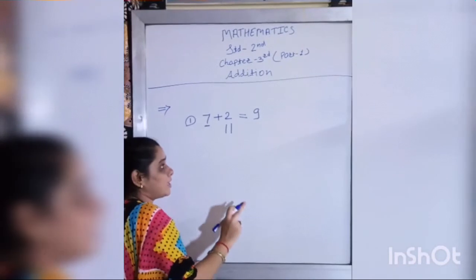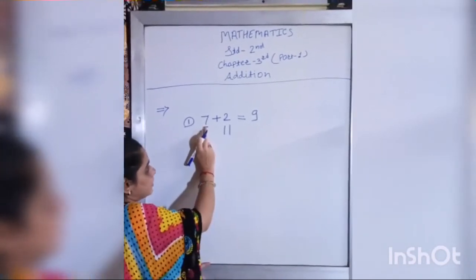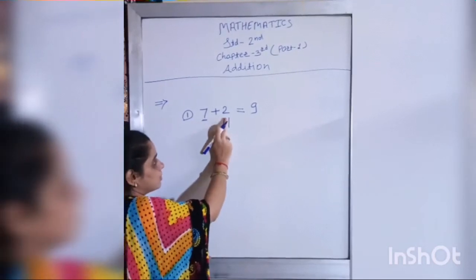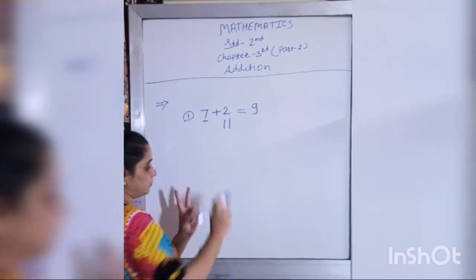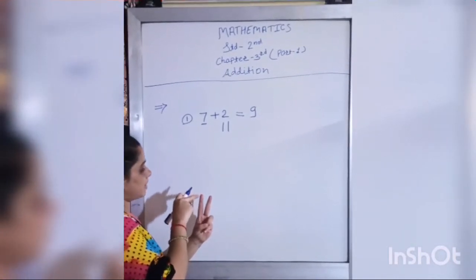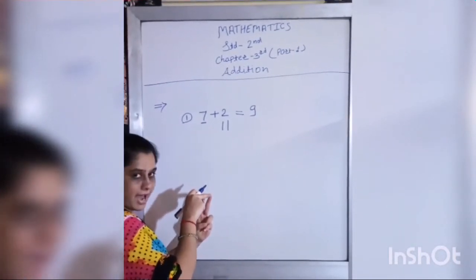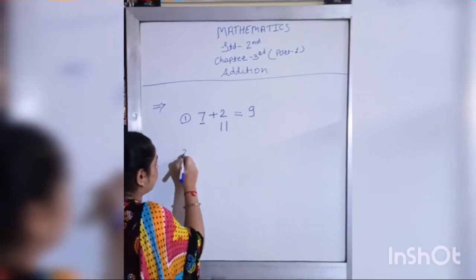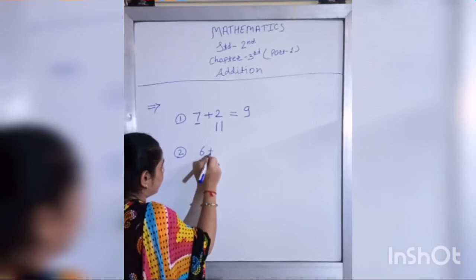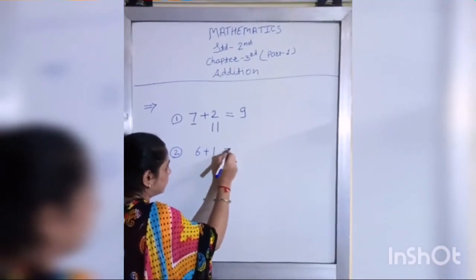Also, you can count on fingers. What is the big number? 7. Keep in mind. And what is the next number? 2. Take 2 fingers. Count after 7. 7, 8, 9. See one more example. 6 plus 1.